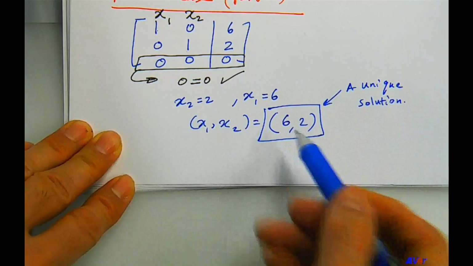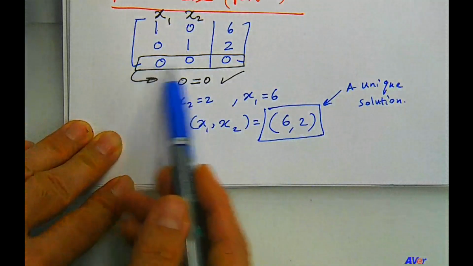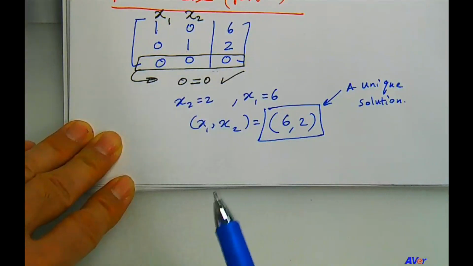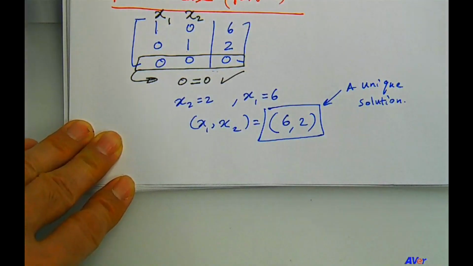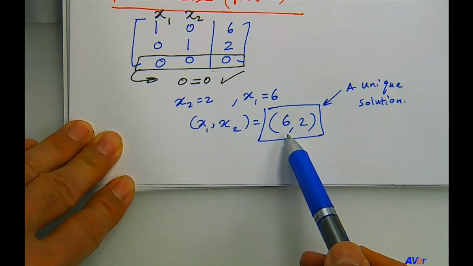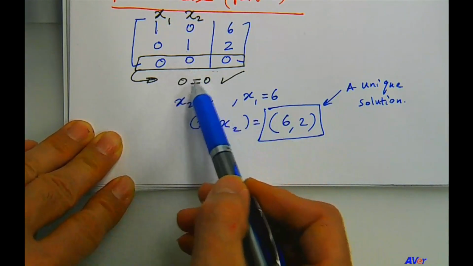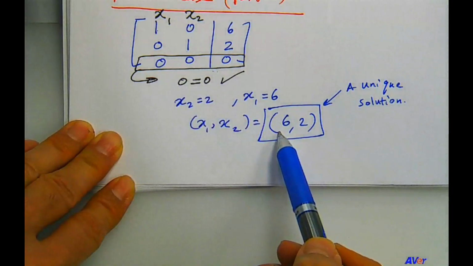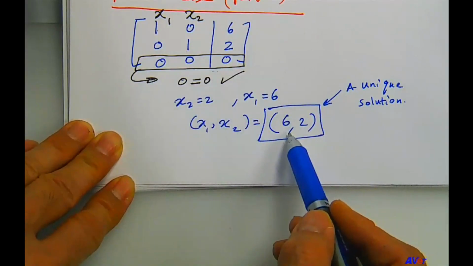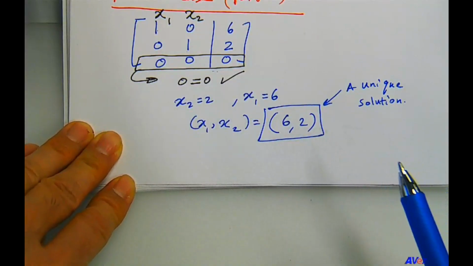What role does the bottom row play in all this? The only role it plays is that it's not contradicting any solution that we have. So that 0 equals 0 is not contradicting this. So that's okay. And then the unique solution is 6, 2.